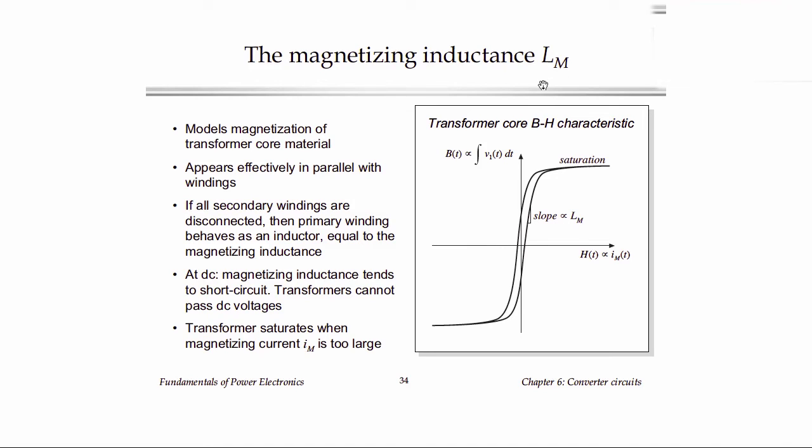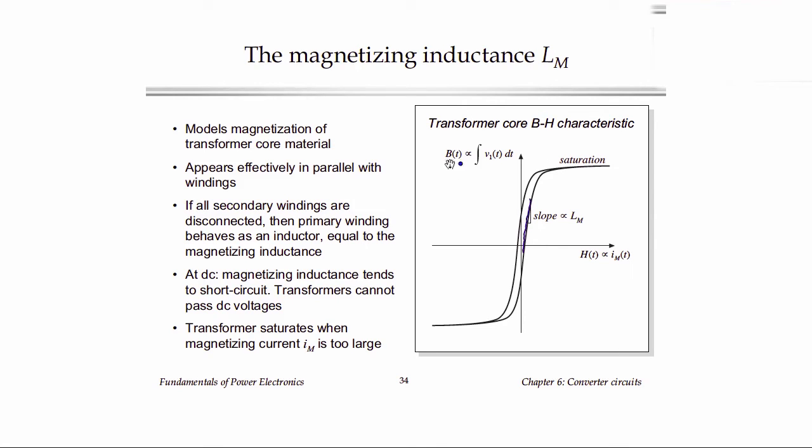It models magnetization of the transformer core. The transformer core has a BH characteristic. If you apply too many volt-seconds to the transformer core, it will saturate and the transformer will turn into a short circuit, which generally is bad in most of our converters. So if the applied volt-seconds on the winding is too large, what happens when you apply voltage is we integrate.